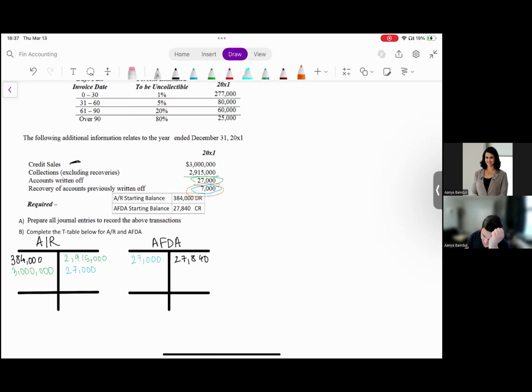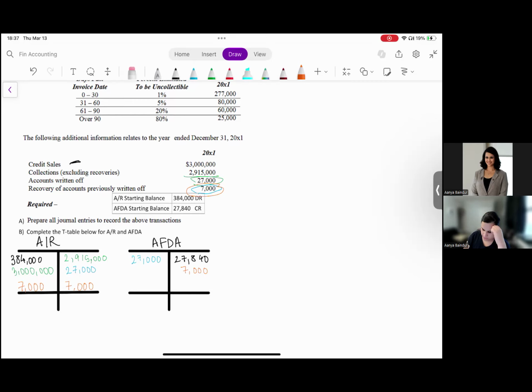So let's put that in as well. So first of all, let's add that balance back into the allowance for doubtful accounts. Then add that amount back in accounts receivable. Then since we've received cash for it, we'll remove that amount from accounts receivable and debit cash for that much amount.